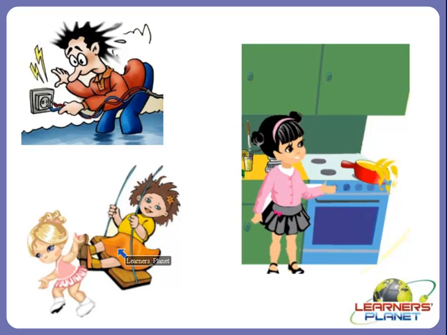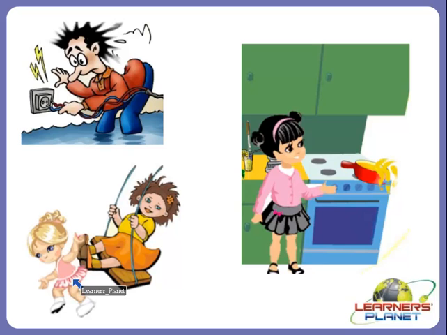Then the second picture shows a girl swinging and pushing another girl. So what will happen? This girl will get hurt, and this is also a kind of accident, a very minor accident, because she will suffer small injuries.